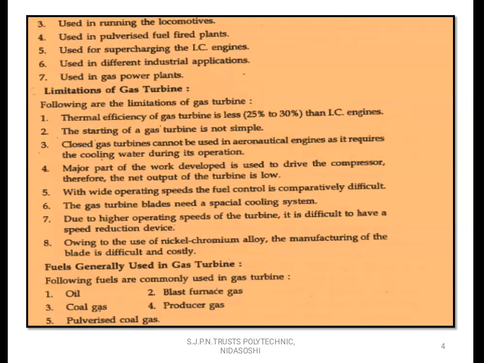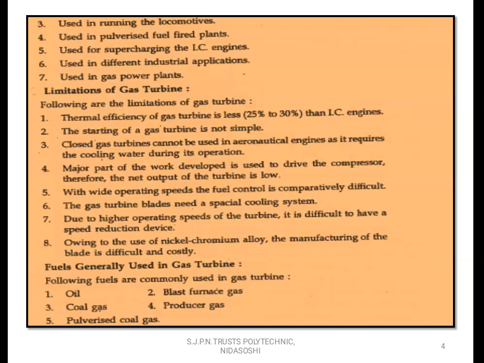To start the gas turbine, it needs some other accessories. Closed gas turbines cannot be used in aeronautical engines, as they require a continuous cooling process and the working substance is continuously recirculated. So it is difficult to maintain the working substance continuously circulating.